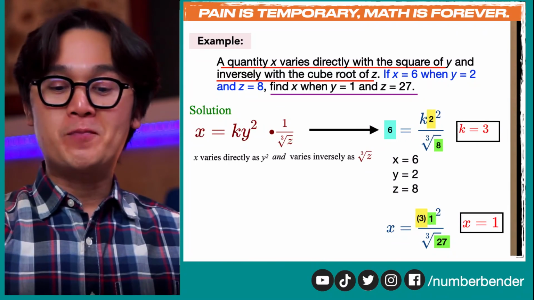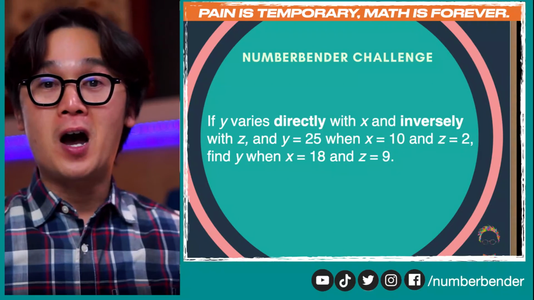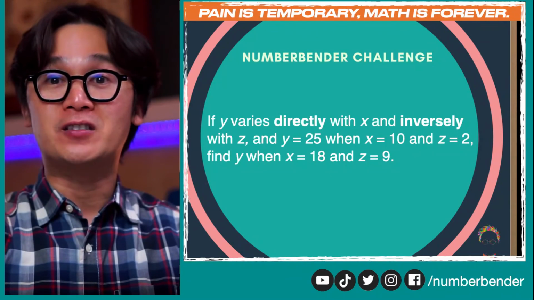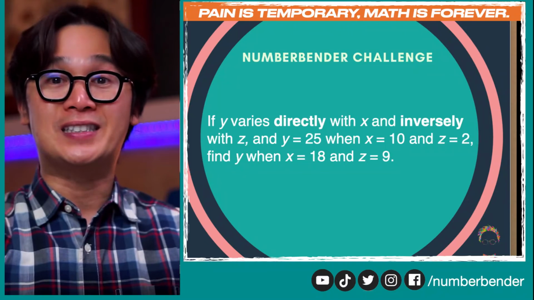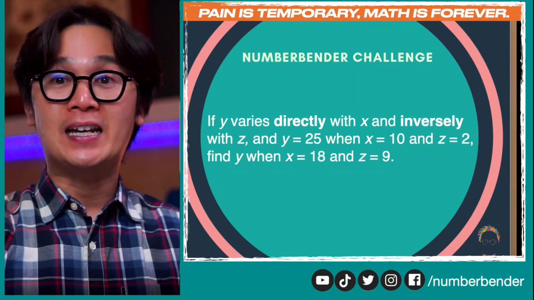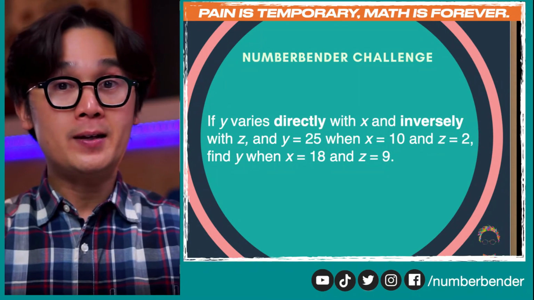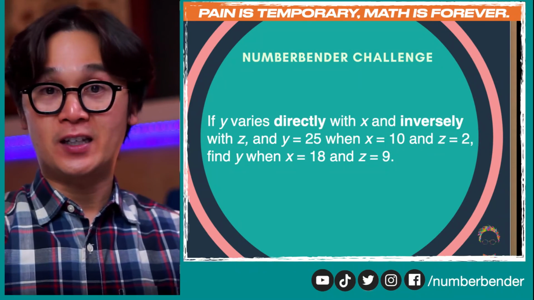So your Numberbender challenge for today is for you to answer this problem right here. If y varies directly with x and inversely with z, and y is 25 when x is equal to 10 and z is equal to 2, how are you going to find the value of y when x is 18 and z is equal to 9?